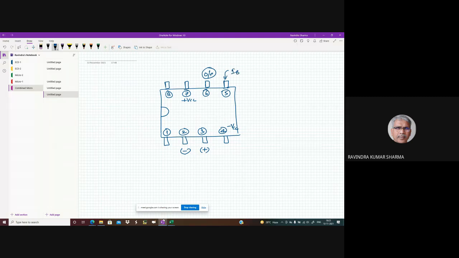So if you want to show the OTA symbol here, this goes to output, this goes to inverting, non-inverting, non-inverting, inverting. From 5 we inject bias current, and then you have plus minus VCC, plus VCC, and then minus VCC.